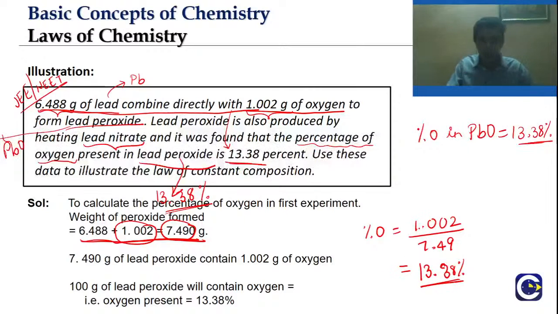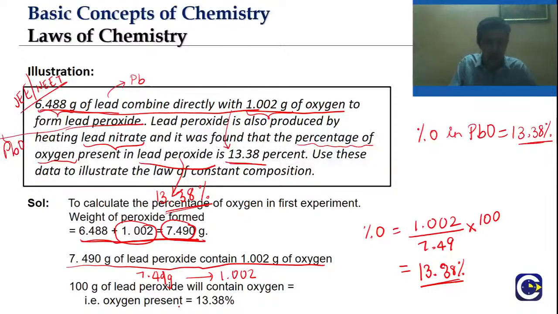Either you can directly do it this way, into 100 will give you the answer, or you can also do cross multiplication, as you can see here. 7.49 gram of lead peroxide contains 1.002 gram of oxygen. That means 7.49 gram contains 1.002. So for 100 gram, they are asking what will be the oxygen. So how will you do it? 100 into 1.002 divided by 7.49. That's what we did.